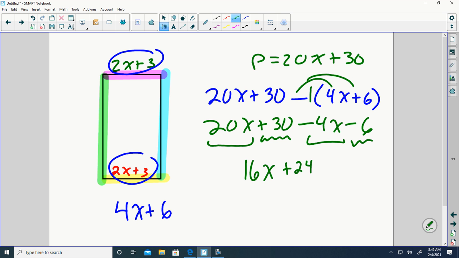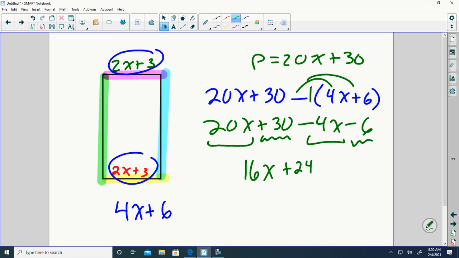Why? I think that's great, but they're two equal sides. Divide by 2. Right. Yeah, because we added the top and the bottom.